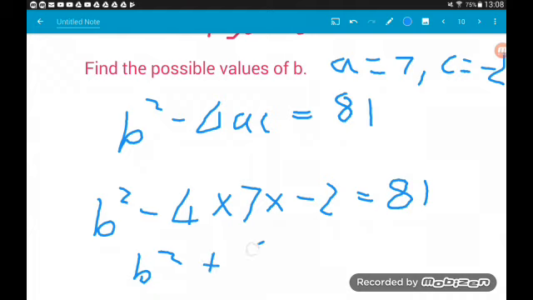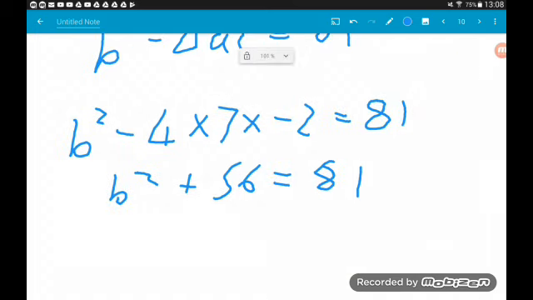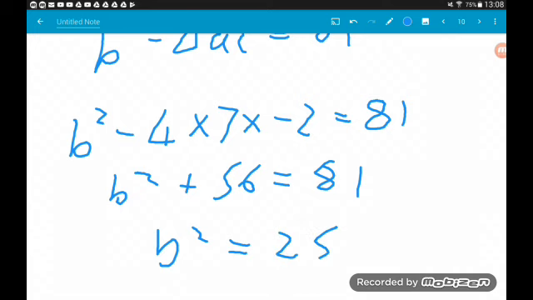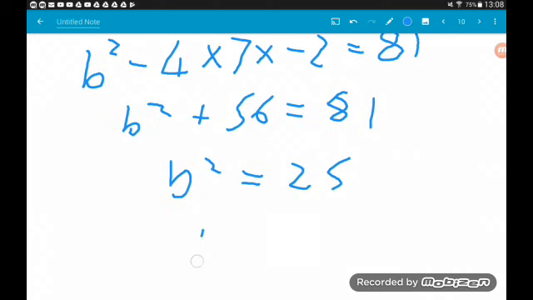So we got b squared plus 56 is equal to 81. If we subtract 56, b squared is equal to 25, and then finally if we square root, b is positive or negative 5. So that's why it asked us for the possible values of b, not the value of b. b can be positive or negative 5.